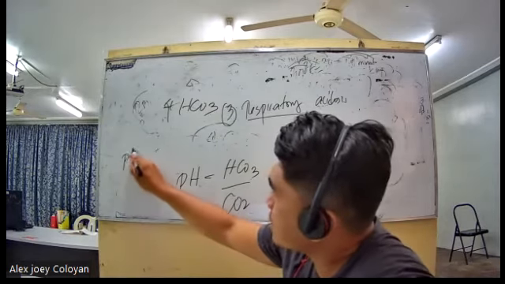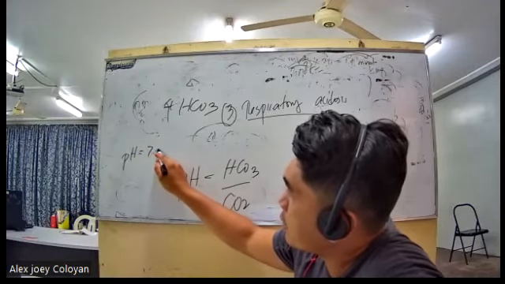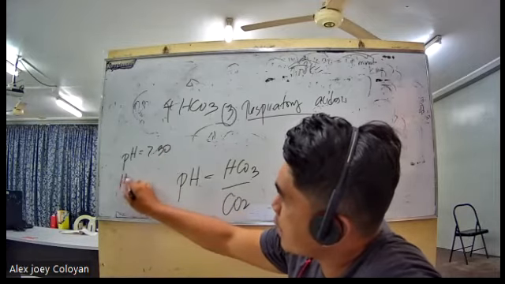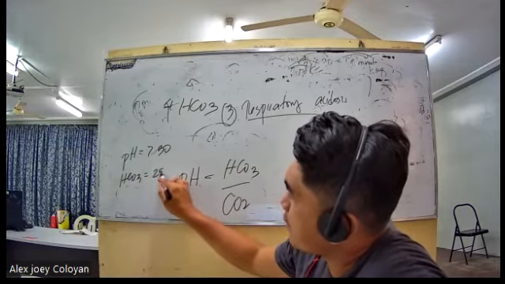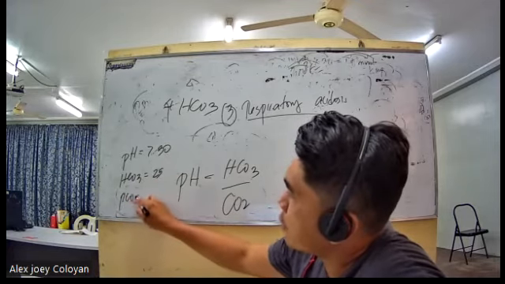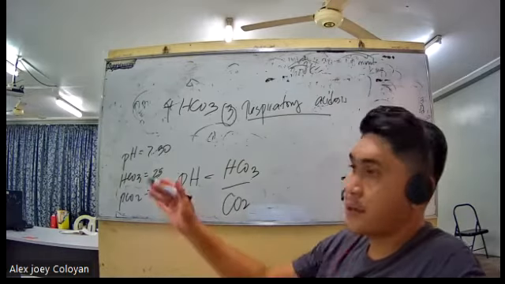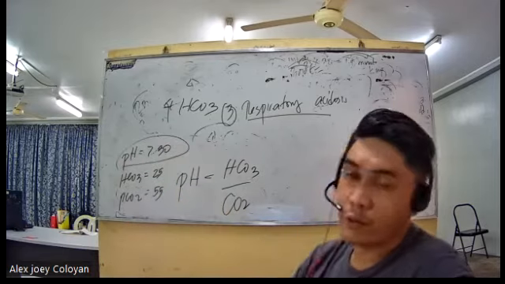Let's start with an uncompensated type of respiratory acidosis. The pH is abnormal, for example, 7.30, bicarbonate of 25 and PCO2 of 55. This one is uncompensated. Why? The pH is below normal.